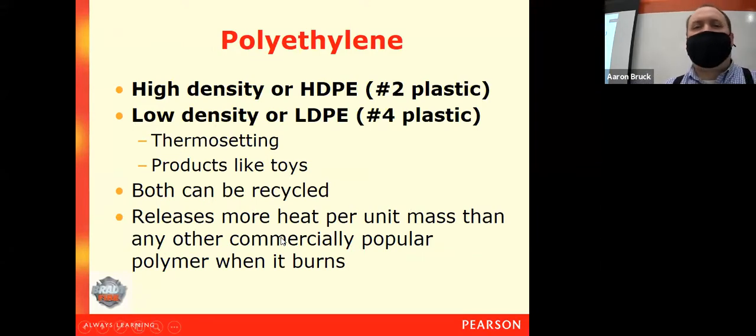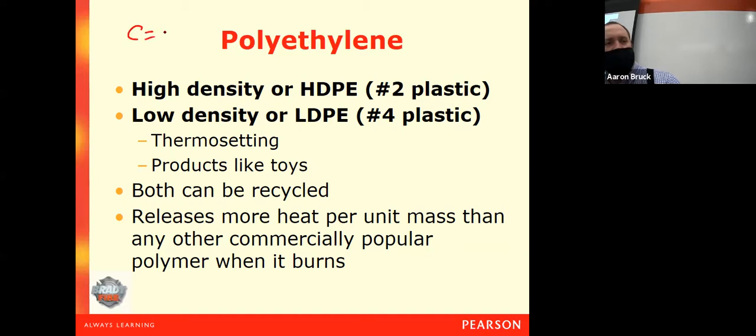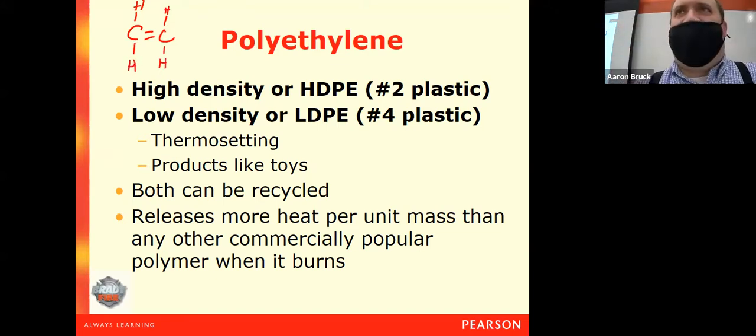We started our discussion on Monday with polyethylene. Polyethylene has as its derivative the simplest of these vinyl compounds, and that's with the hydrogen in that spot.